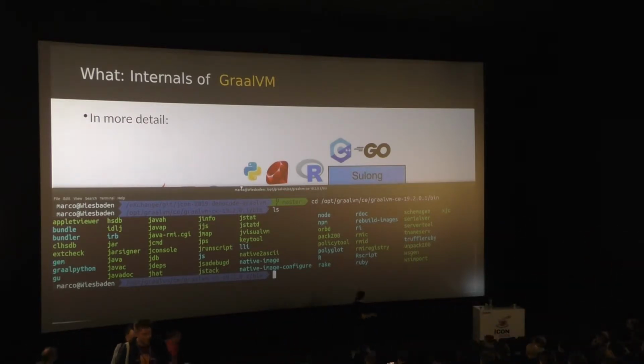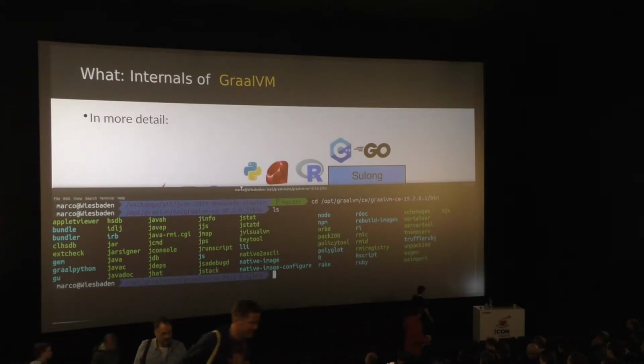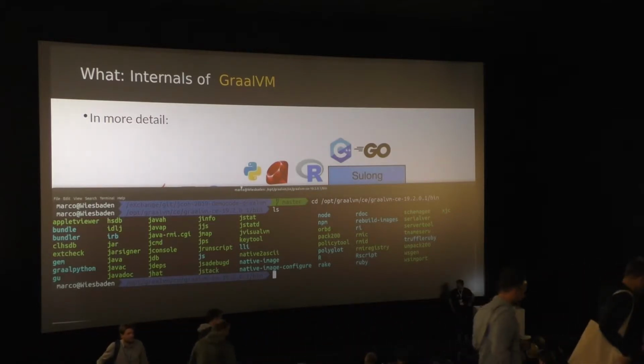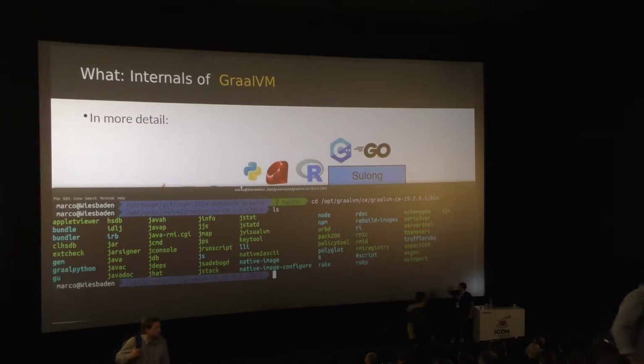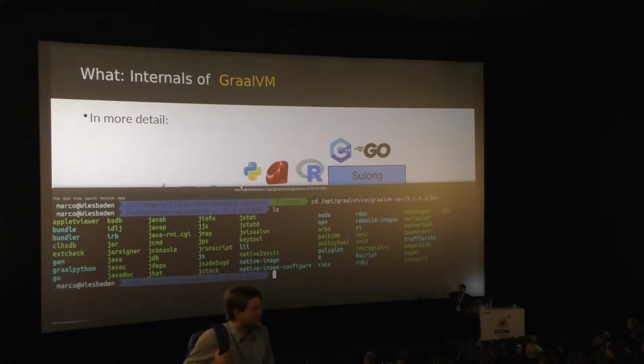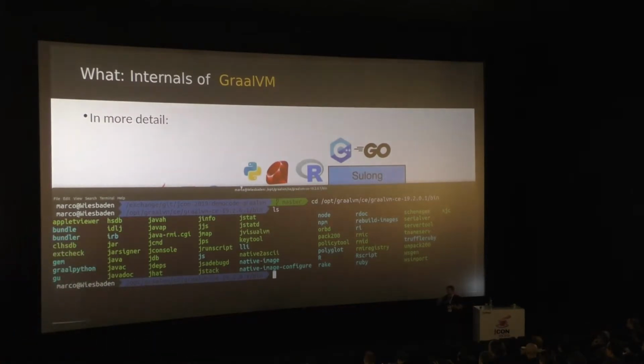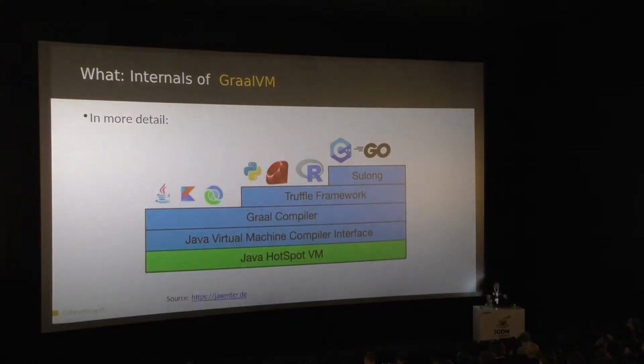You have a Ruby runtime or an R runtime, so you not only get your JVM, but also runtimes for all those languages supported. This is the way how you can compile your guest languages into Java bytecode. Those are the interpreters that are running when you try to execute a JavaScript program through GraalVM, and the compilation to bytecode is done in the background. You just give it some flags, we will see later how it's done, and it gets compiled to bytecode and runs on the Java VM.